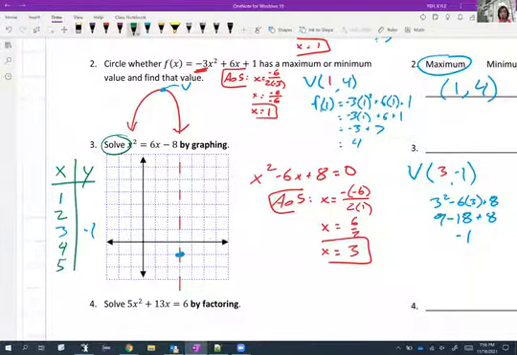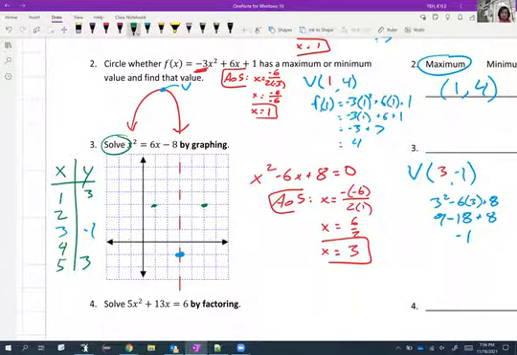See if I can find where we hit the axis. Luckily, we're pretty close to it right now. If I plug in 1, I would get 1 squared minus 6 times 1. So that's negative 5 plus 8 would be 3. Because of symmetry, I know it's also going to be 3 when x is 5.